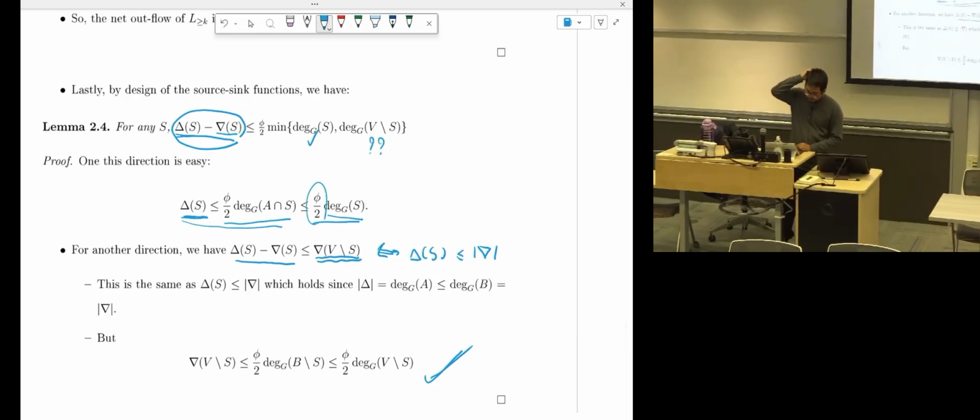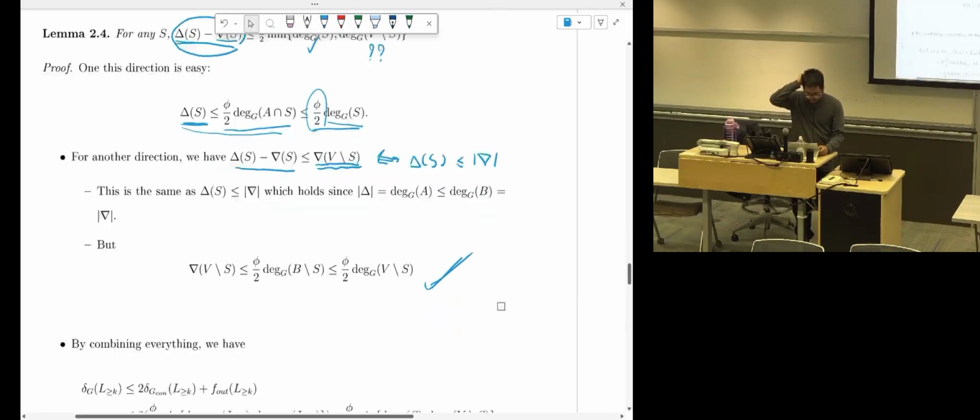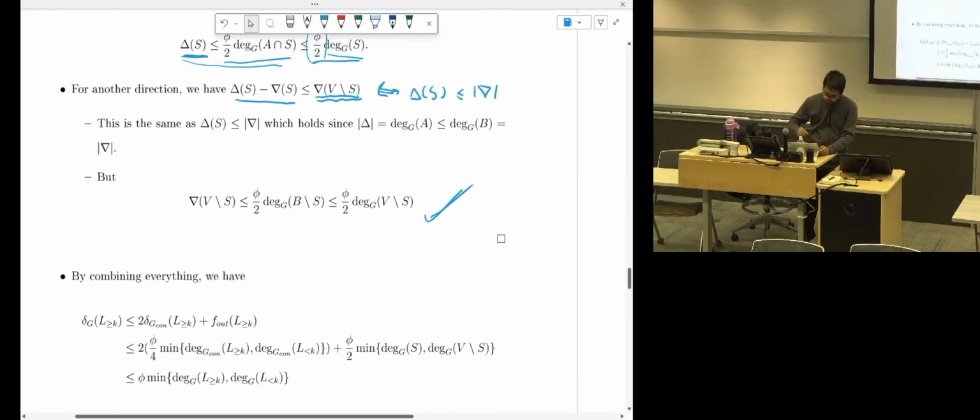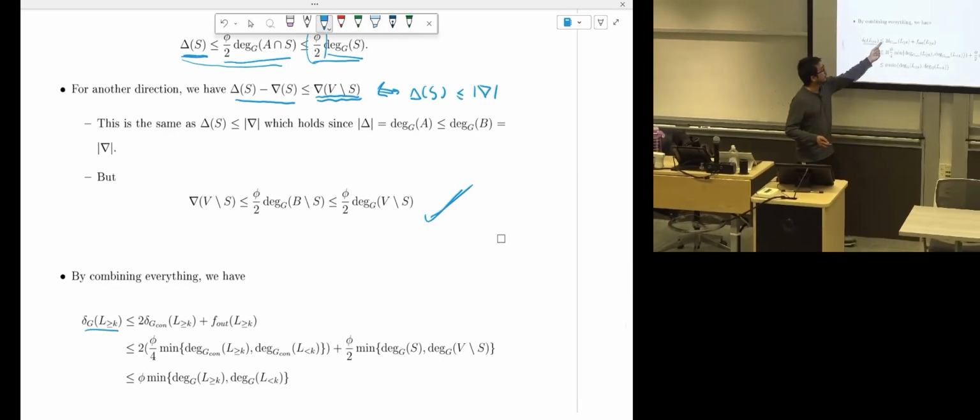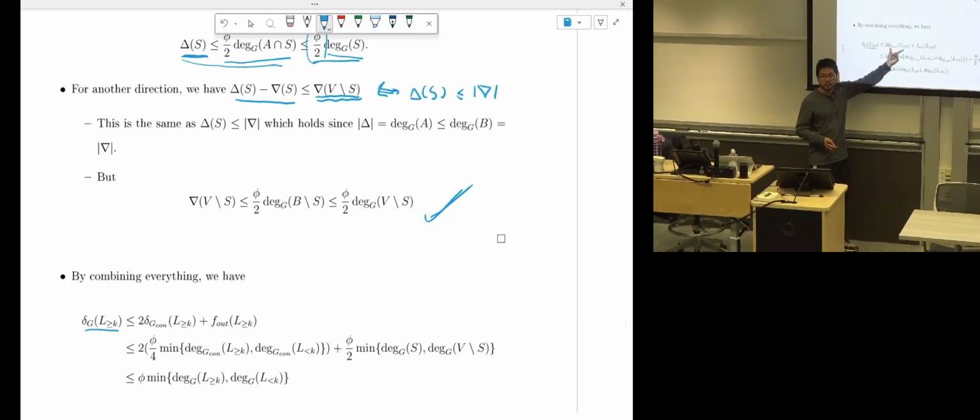So what do we have now? We get everything. The same cut, when you look at G, is at most twice the cut size in Gcon plus this.